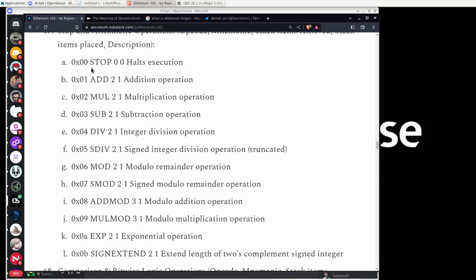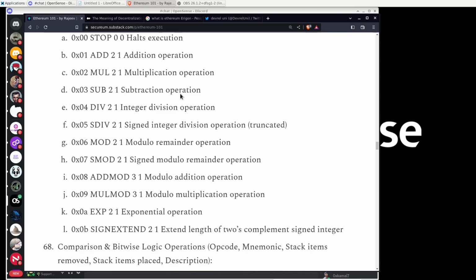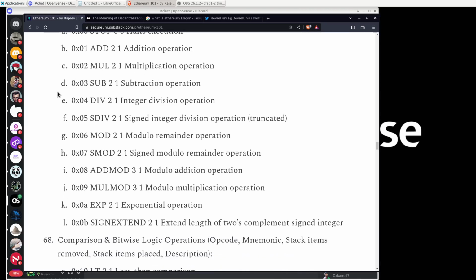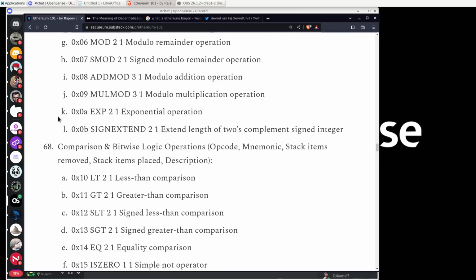So, 0x00 halts execution, 0x01 is the addition operation, 0x02 multiplication, 0x03 subtraction, 0x04 division, 0x05 signed division, 0x06 modulo, 0x07 signed modulo, 0x08 modulo addition and 0x09 modulo multiplication, 0x0a is exponentiation, and 0x0b is sign extend.